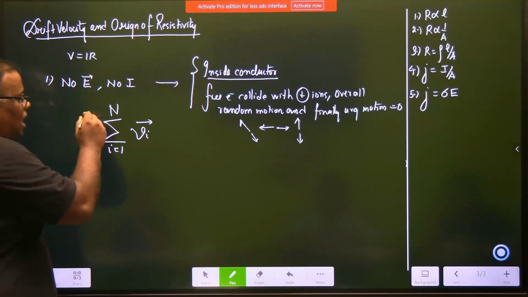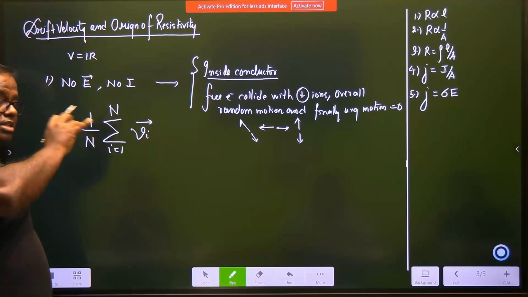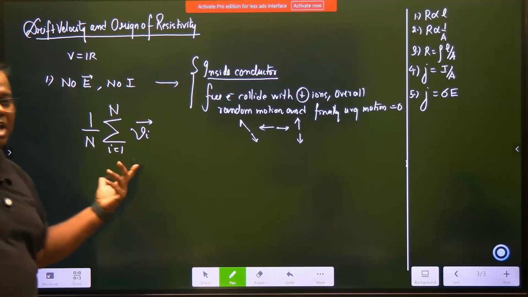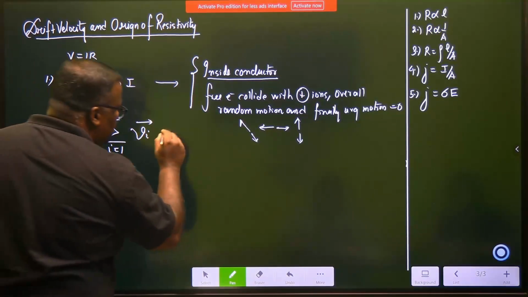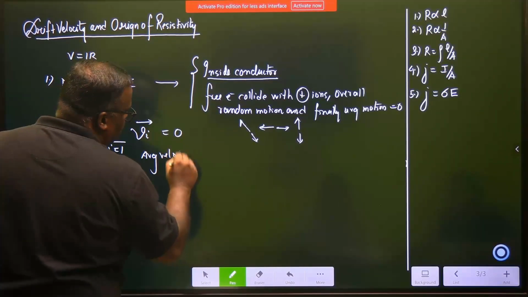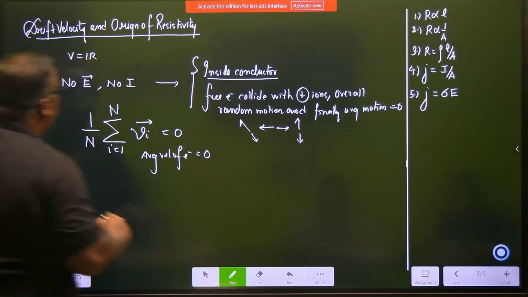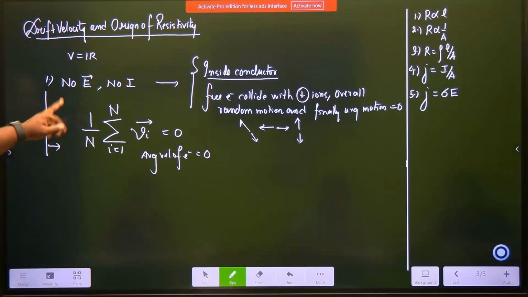Then I divide the sum of all those velocities by n. What am I getting? Average velocity. So this is equal to 0: the average velocity of electrons is 0. So this is what you need to understand at a higher level, that when there is no electric field, there is no current.